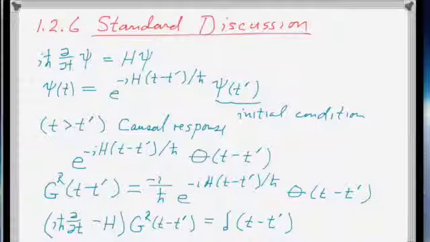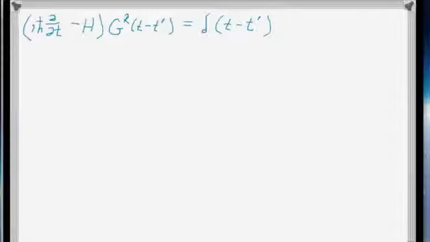And so then you just go ahead and work it out. We're going to have two terms. Let me copy and paste that over. Let's work on the derivative term, the d/dt term.